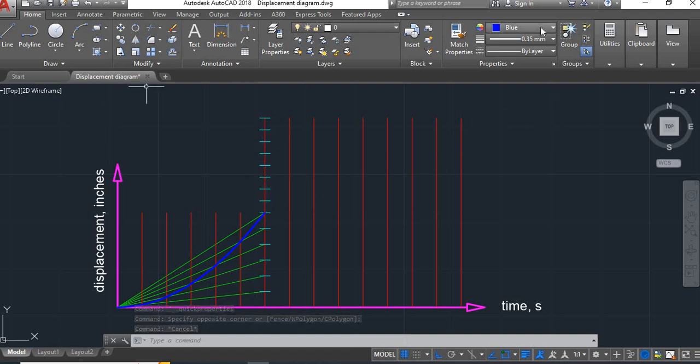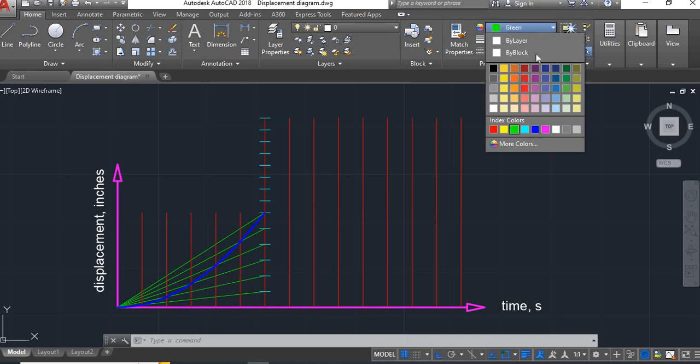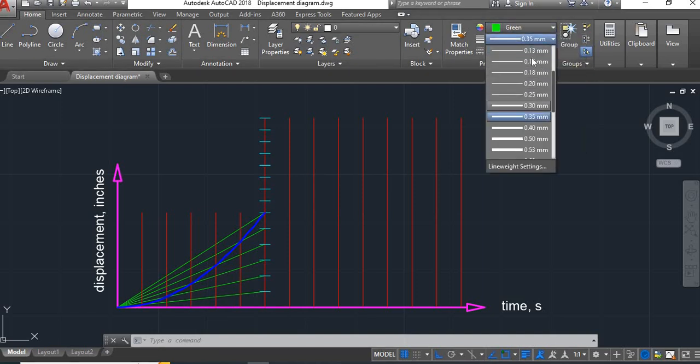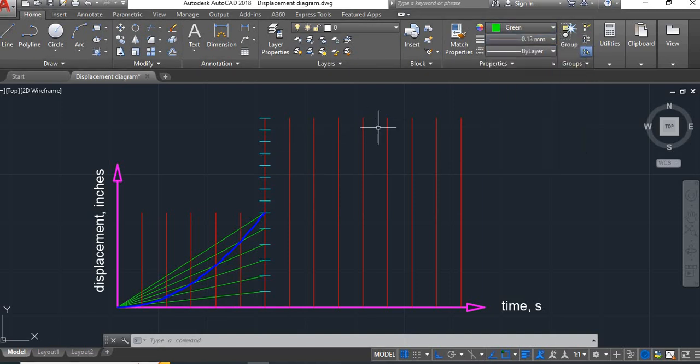Now we connect the last line here, the top, to the lines here. There. Okay, and here.